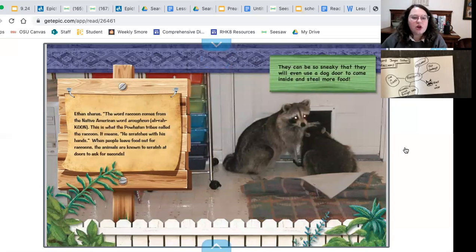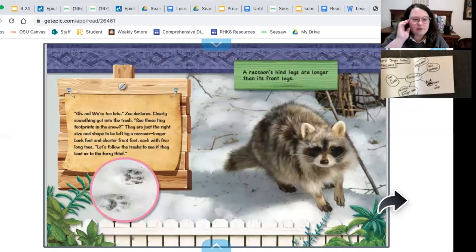Ethan shares, the word raccoon comes from the Native American word, raccoon. This is what the Powhatan tribes call the raccoon. It means he scratches with his hands. When people leave food out for raccoons, the animals are known to scratch at doors to ask for seconds. They can be so sneaky that they will even use the dog door to come inside and steal more food.